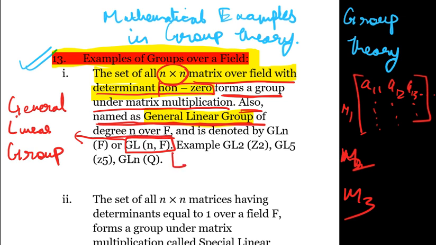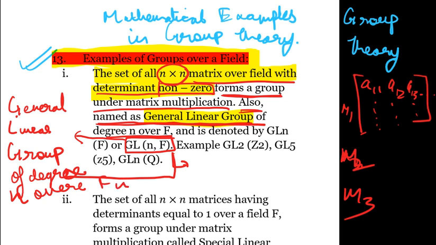So this means general linear group of degree n over field F. It is very important to understand these notations, students.